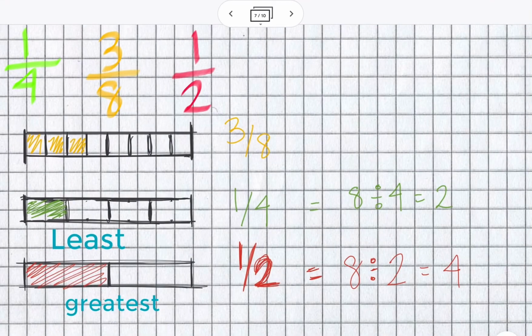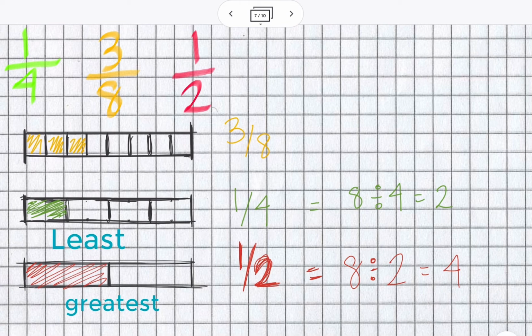Okay, so here's our grid paper. We have 1/4, 3/8, and 1/2, and since we did 3/8, we have 8 squares. So 3/8, we know three of the 8 squares are going to be colored in.